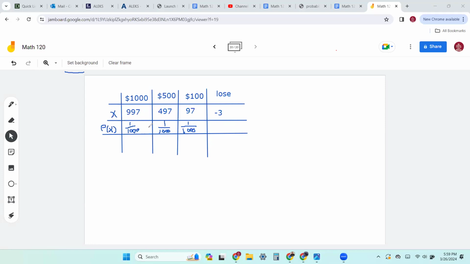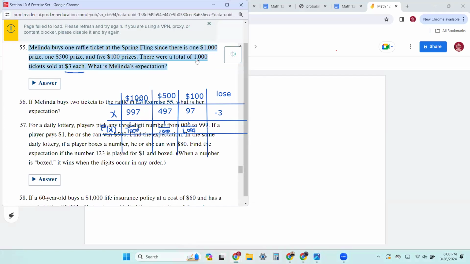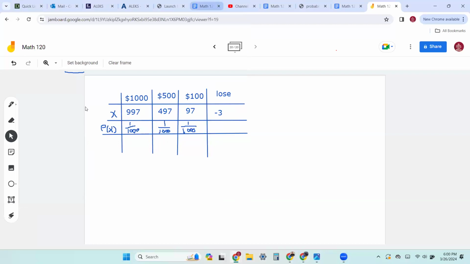Now, there's only those 3 tickets, right? How many do we have that are not winners? 1,000 minus 3. I believe that's 997, and that's over 1,000.